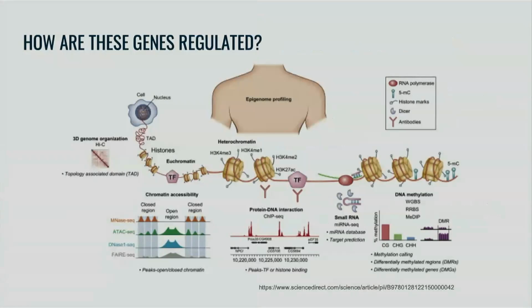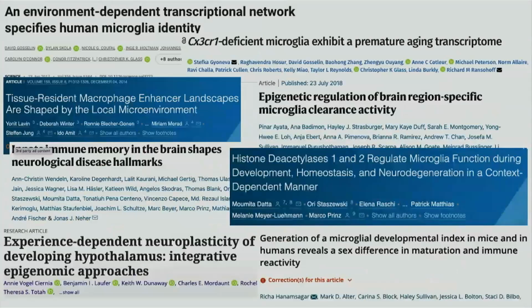And with the advent of high throughput sequencing technologies, we can now profile these marks through various epigenomic sequencing techniques, including ATAC-seq, ChIP-seq, bisulfite sequencing, among many others. And unsurprisingly, there have been an increasing number of publications profiling these epigenetic marks in microglia gene expression, and just a few are shown here.